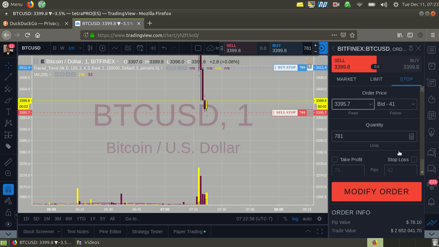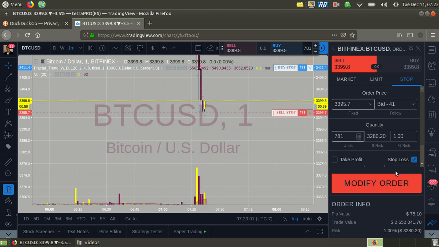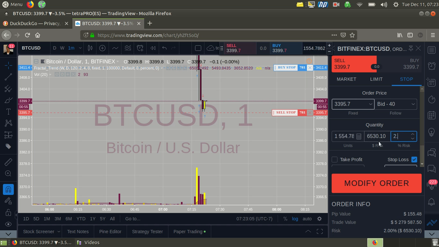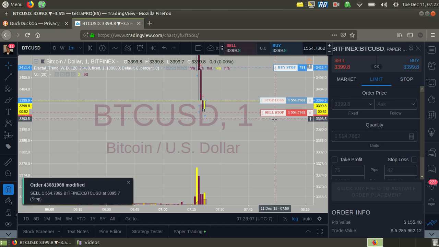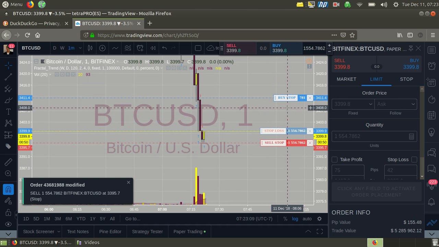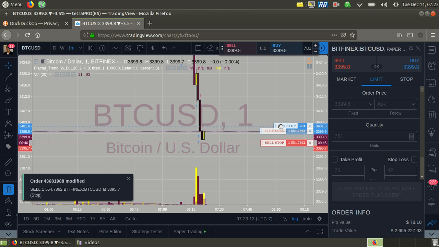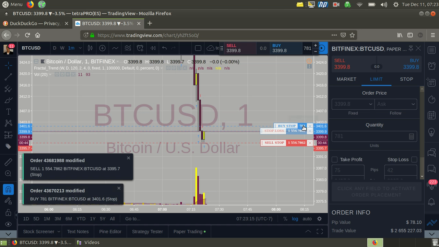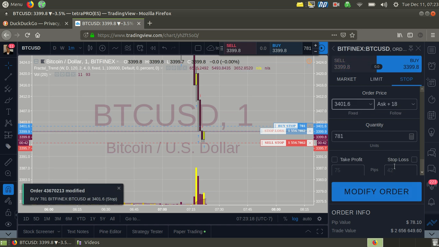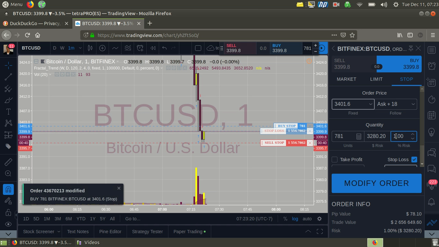Let's put a stop loss on this one. 42. Let's put our risk at 2. Stop loss. So we'll go ahead and put that stop loss in. And 2% risk, please.